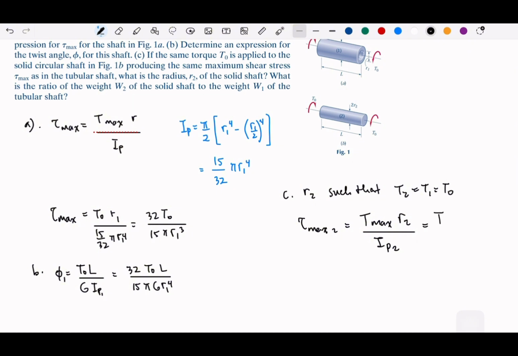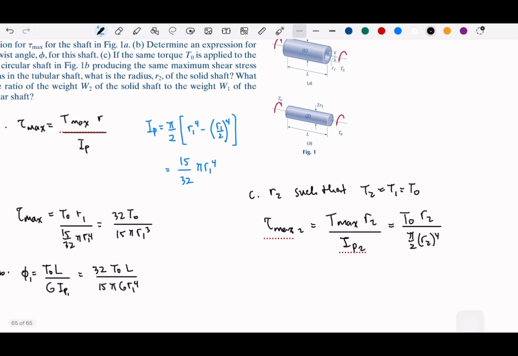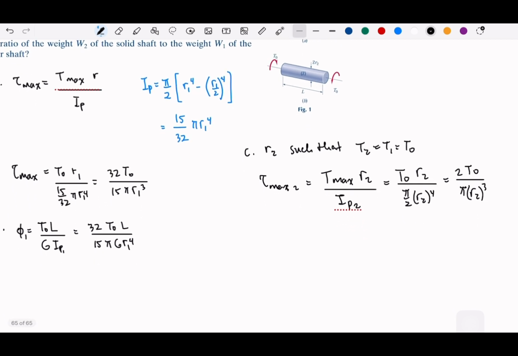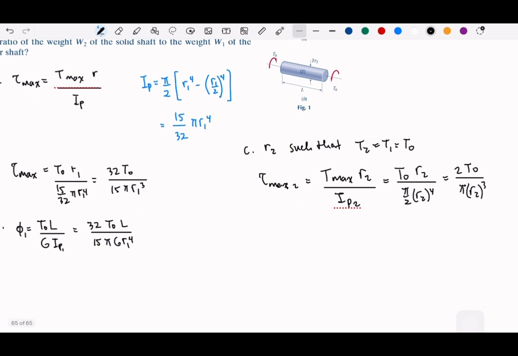So T max will be T0, R2, and the inertia, since we have only the solid, will be pi over 2 R2 to the power of 4, so this becomes 2 T0 over pi R2 cubed. Okay, so that's the tau max.